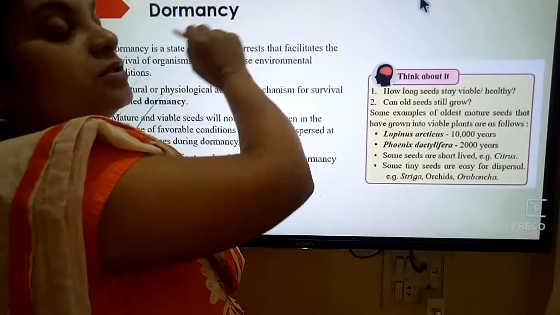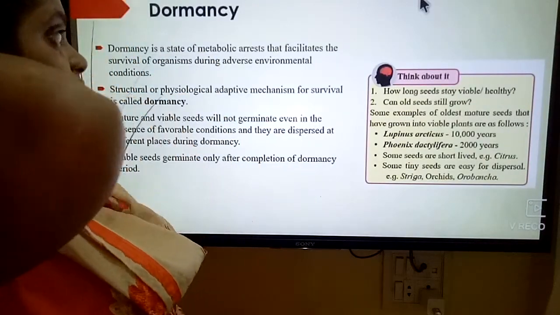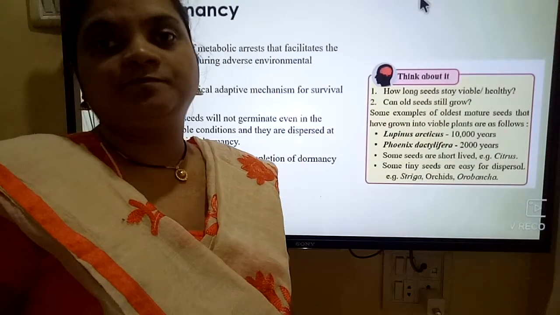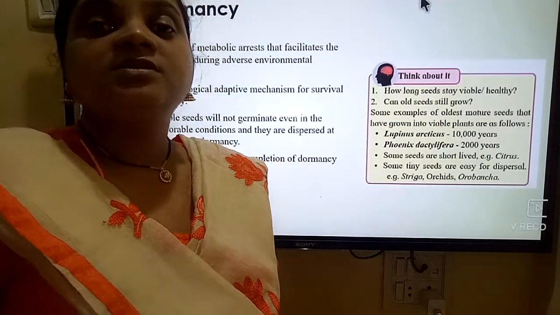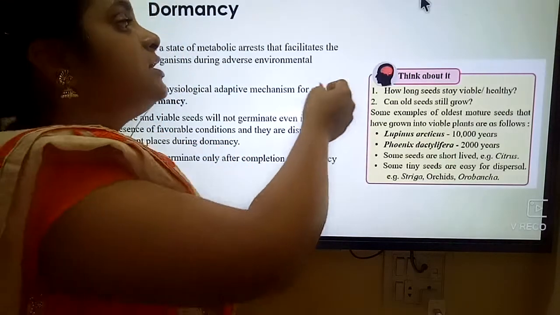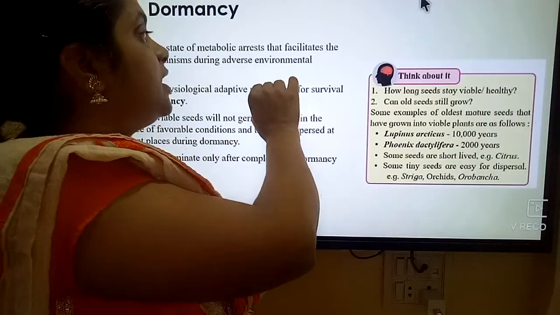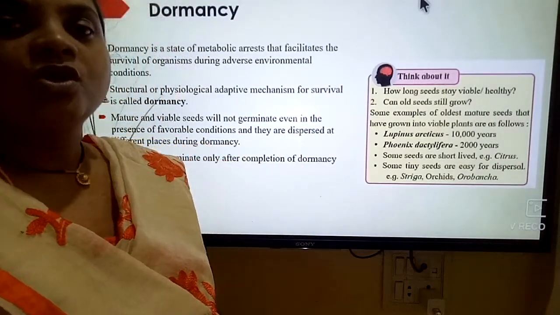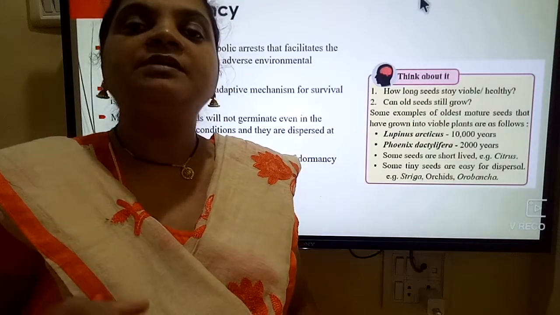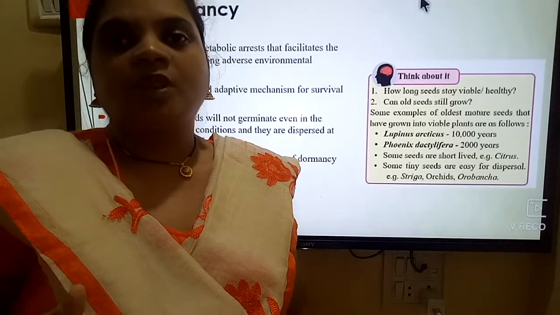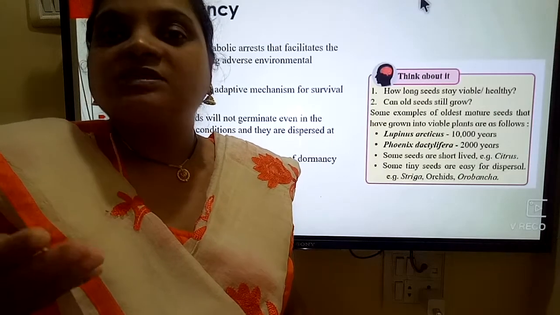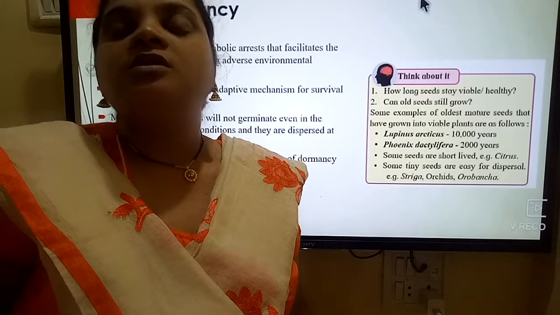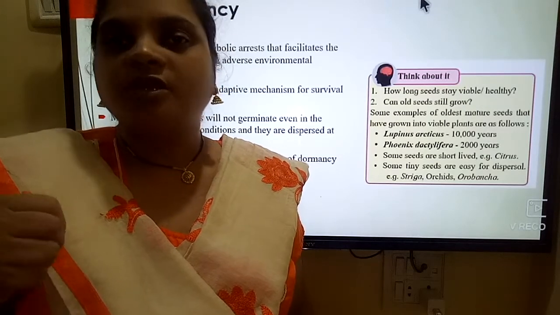Now, dormancy. Dormancy is a state of metabolic arrest which facilitates the survival of the organism during adverse environmental conditions. So what is dormancy? It is a metabolic arrest which helps the organism survive under adverse environmental conditions.